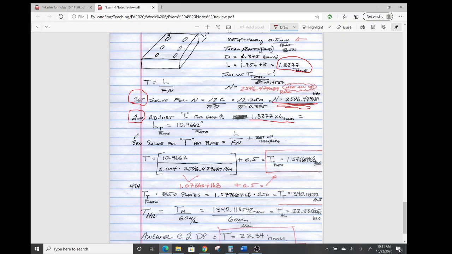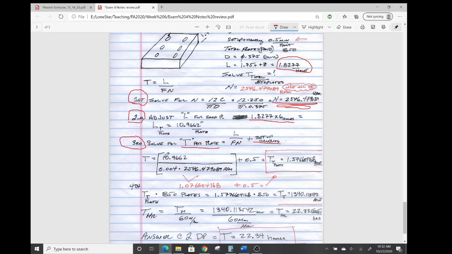The third thing we do, our third step, is to solve for time per plate. So we have our total length divided by our feed rate times our N, plus we have to have our setup and handling per plate, right?